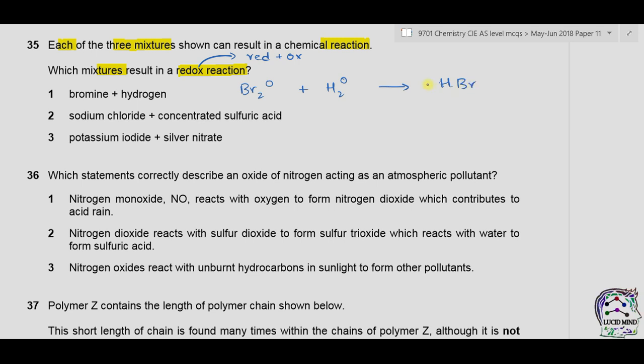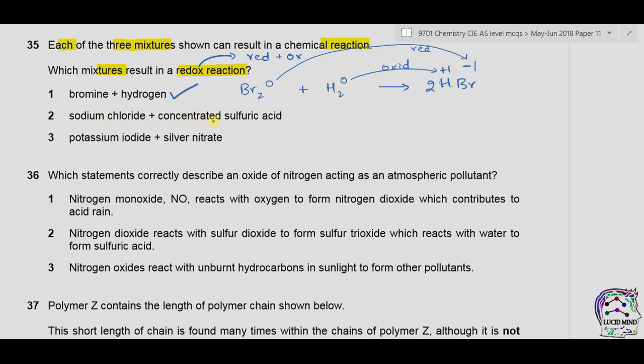HBr is formed in the product. Now hydrogen is +1 oxidation state and Br has -1 oxidation state. So we can see that bromine has shifted from 0 to -1, which is reduction, while hydrogen has shifted from 0 to +1, which is oxidation. So this is a redox reaction.